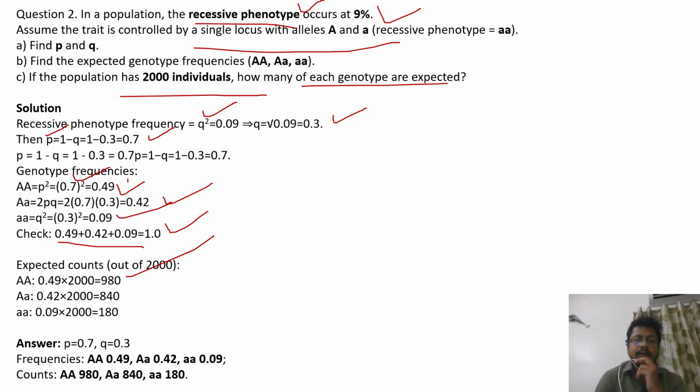Of dominant heterozygous, we can expect 0.42 into 2000, which is 840, and the recessive phenotype will be 180. So these are the frequencies. Today we studied the Hardy-Weinberg principle and how to solve the mathematical problems associated with it. Thank you.